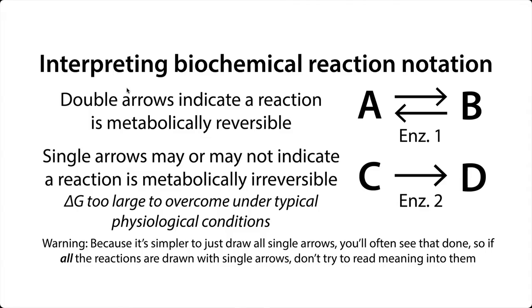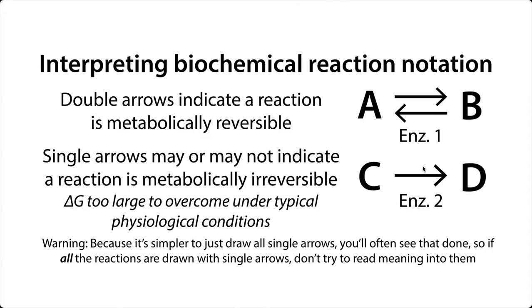In terms of our biochemical reaction notation, double arrows, or one arrow with arrowheads on both sides, is going to be indicating a reaction is metabolically reversible. If you only have a single arrow, this may or may not indicate a reaction is metabolically irreversible, meaning that delta G is too large to overcome under typical physiological conditions.